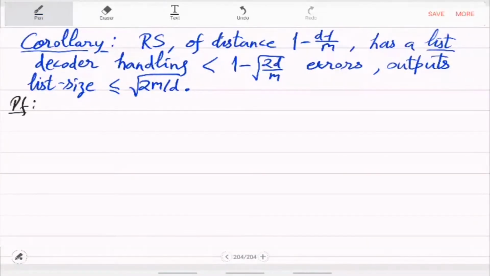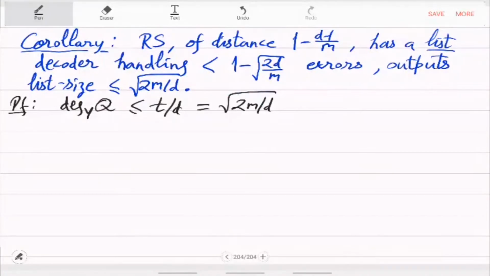So the proof is that the degree of Q with respect to y is at most t/d, which comes out to be 2m/d. And since you output the factors y minus p(x), p(x) cannot exceed more than square root of tm/d. Okay, so that is the complete description of Reed-Solomon list decoding.